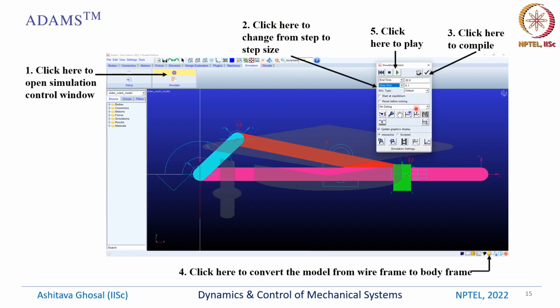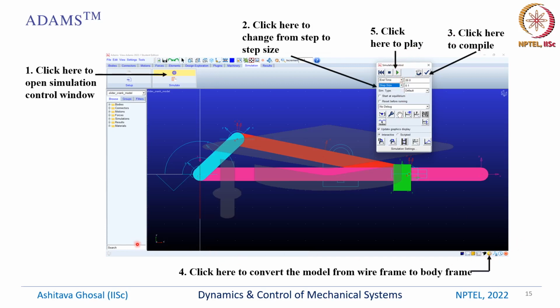So there are various clicks which you have to do to say that we now want to simulate this slider crank mechanism. Once you have done all this, you click this box to compile. If there are any errors, it will tell you, but otherwise you are more or less ready to simulate. And this arrow here tells you that now you are ready to simulate and you can play this.